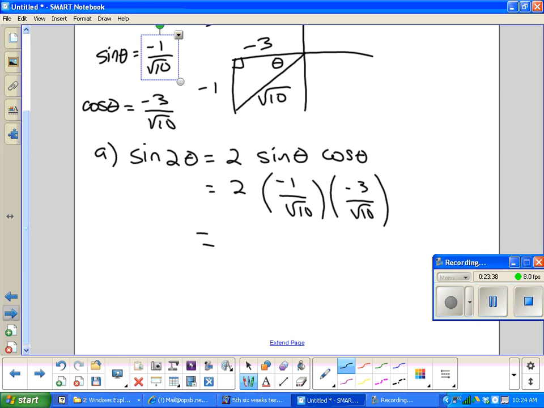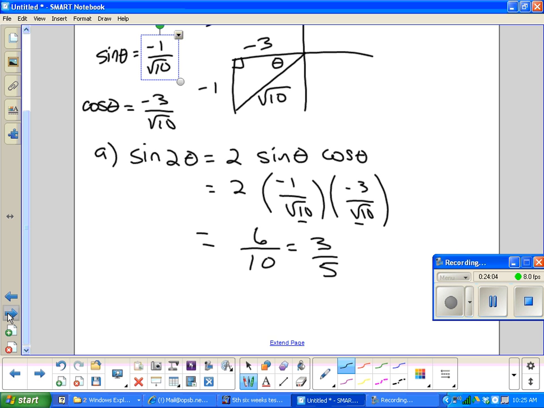What's going to happen to the radical? Yeah, it's going to go away. The square root of 10 times the square root of 10 is just 10. When you multiply your numerators, 2 times -1 times -3 is 6. Now that'll reduce, so it'll be 3/5.